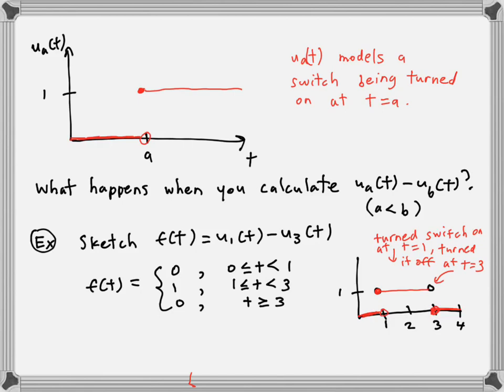So we turned it on at t equals 1, and then you could see that the switch was turned off at t equals 3. So this idea of turning it on and turning it off was exactly described by this subtraction, right? So this is how we want to view it, okay?